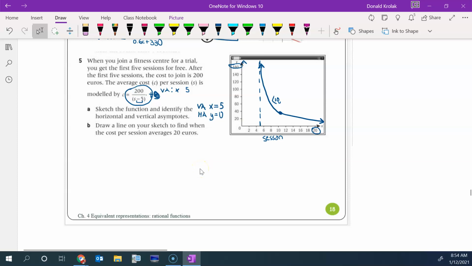All right, then it says draw a line to sketch your cost. So we know sessions is the bottom. This is your y-axis, which is your cost. So horizontal or vertical line? Yep. So cost is on the y-axis, so I'm going to draw a line at y equals 20.